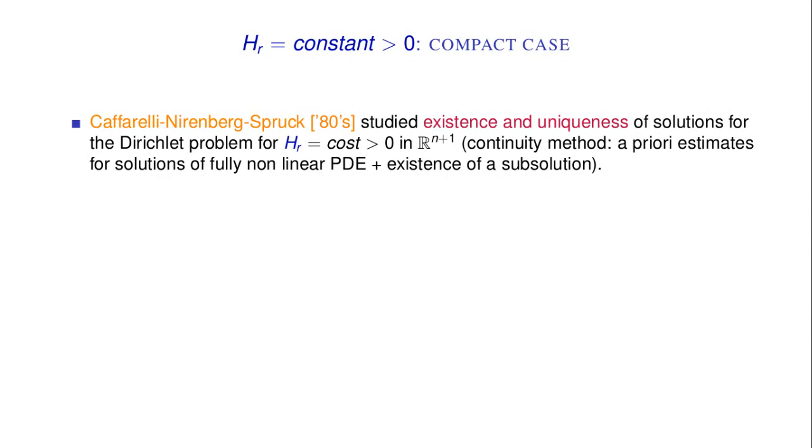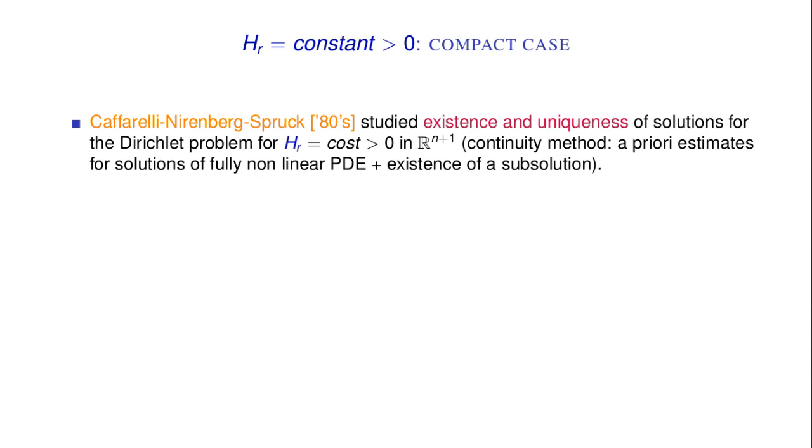The first one is due to a series of papers by Caffarelli, Nirenberg, and Spruck that in the 80s studied the existence and uniqueness of solution for the Dirichlet problem for H_r equal to a constant. In fact, they study a more general equation, but H_r equal to a constant is a very important example of those equations.